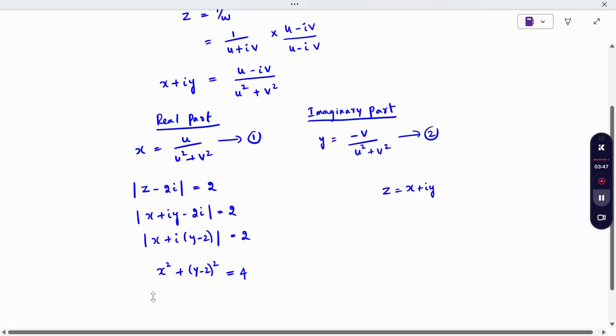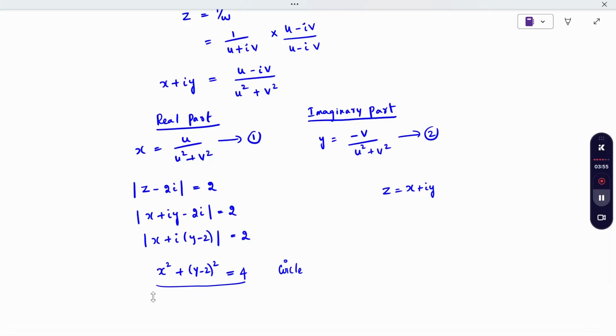So this equation is called a circle equation. It is a circle equation, because the points are not given in the question. If it were given directly like x equal to 4 or x equal to 3, it would be easy to draw a diagram. Here it is not given, so we have to convert it and find the points. Here it is 0, here it is 2.